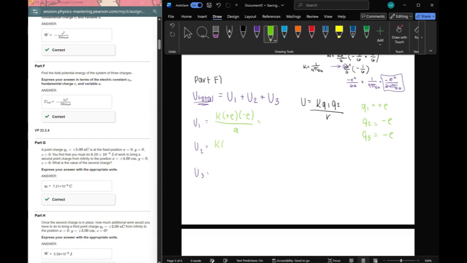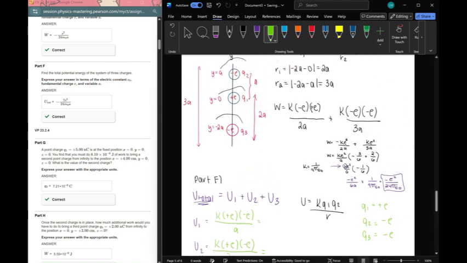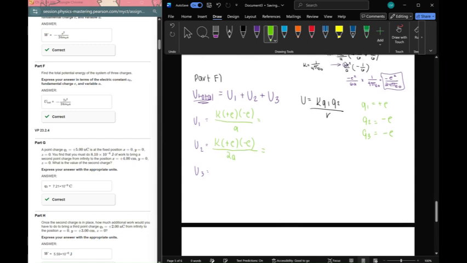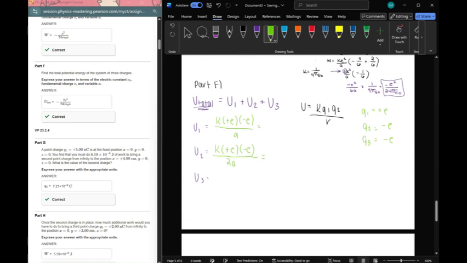and then here is going to be K Q1 and Q2 over the distance 2. Just double check. I meant Q1 and Q3, sorry. Q1 and Q3.